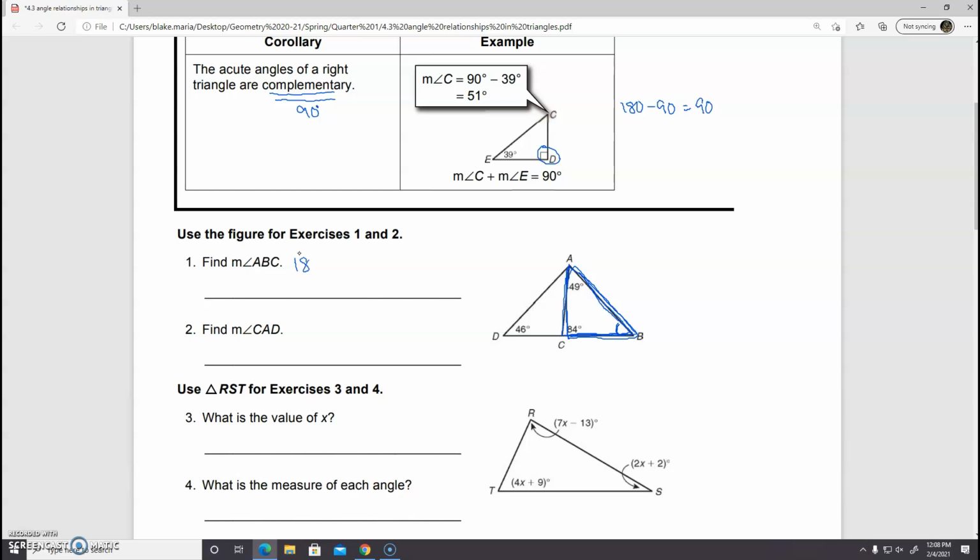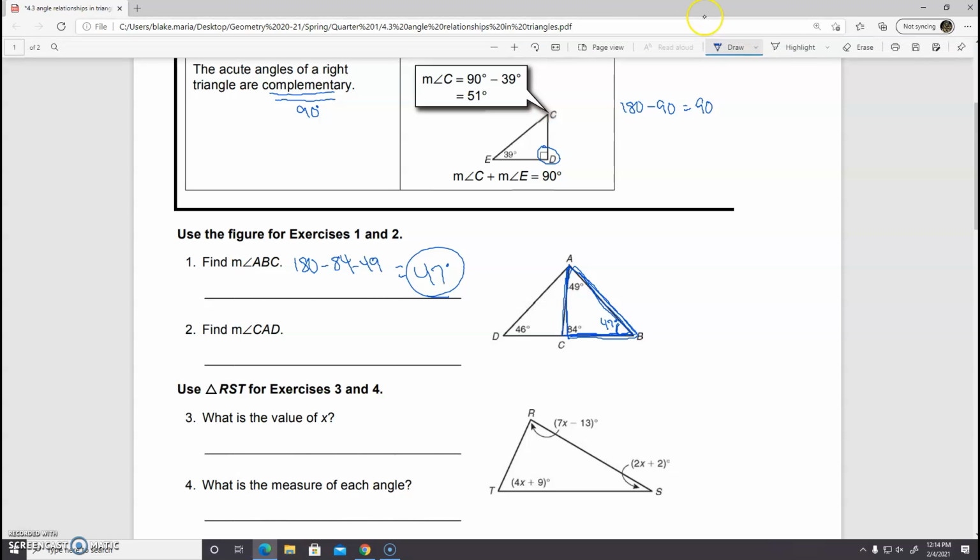So take 180 and we're going to subtract 84 and 49. Those are the two angles that are right there. So again, we took the 180 degrees in a triangle and we subtracted the two angles that we had. So we got 47 degrees. All right, so that means this angle down here is 47 degrees.